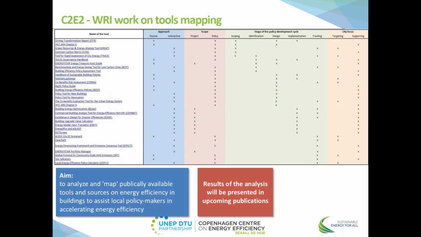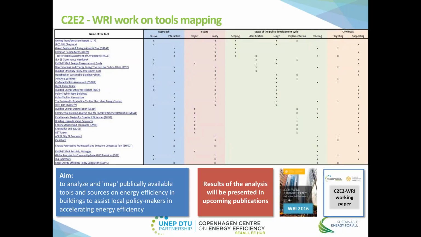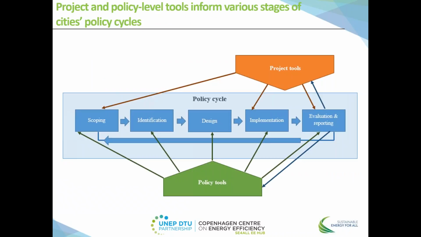Results of this analysis are going to be published, and as the first step, there is a report which has been launched last month by WRI on accelerating building efficiency, and there is an annex specifically focusing on the tools which describes some of this work very shortly. We are hoping to issue as well a working paper by end of summer, which will in more detail present the tools which we have selected and how they can be used.